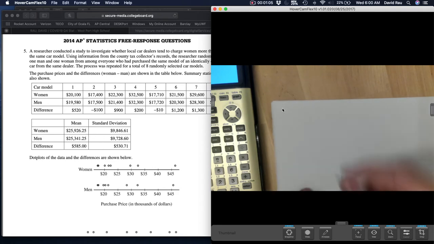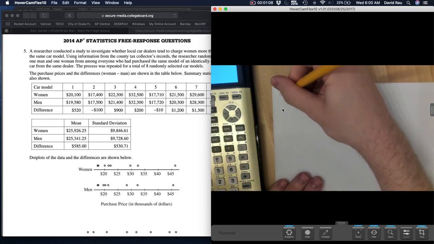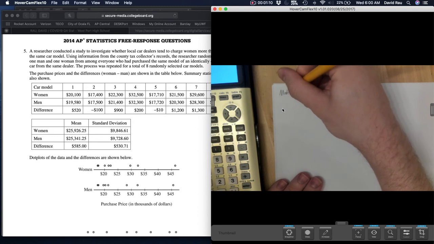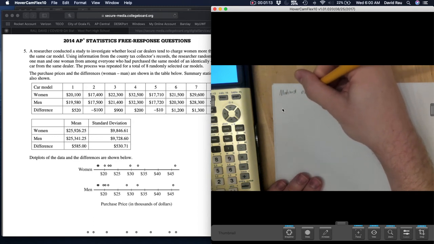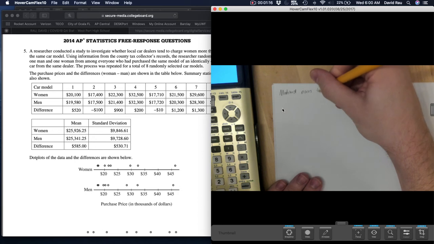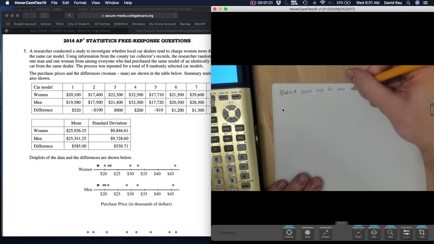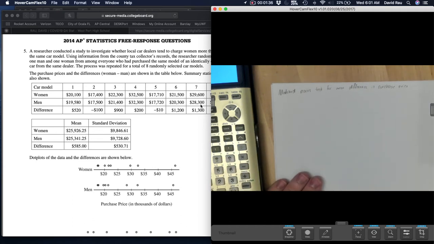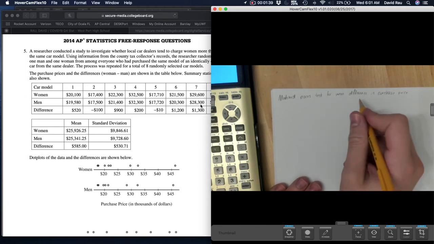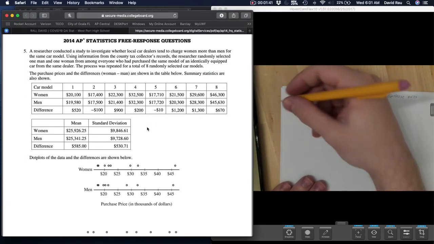We are doing a matched pairs test for the mean, the average difference in purchase price. So we're not just comparing men to women, we're comparing the mean, the average difference between the two.